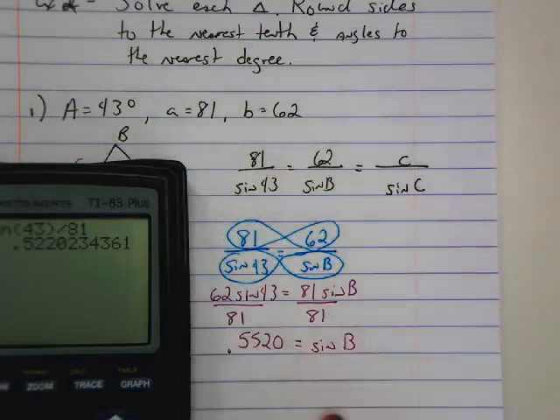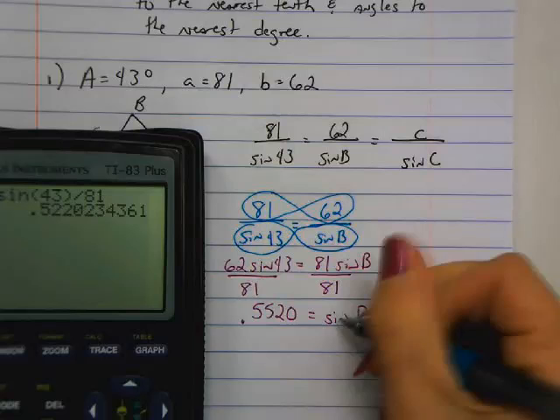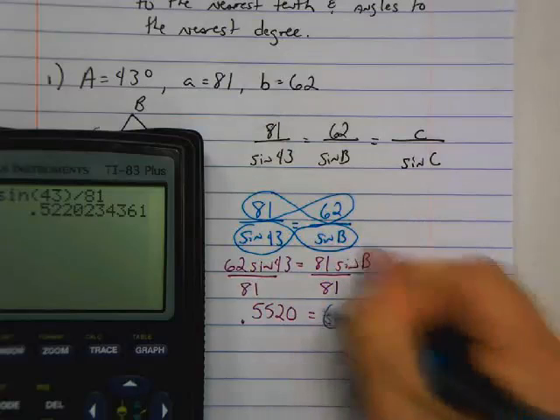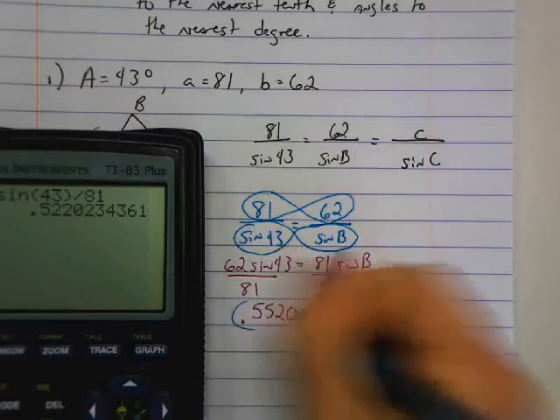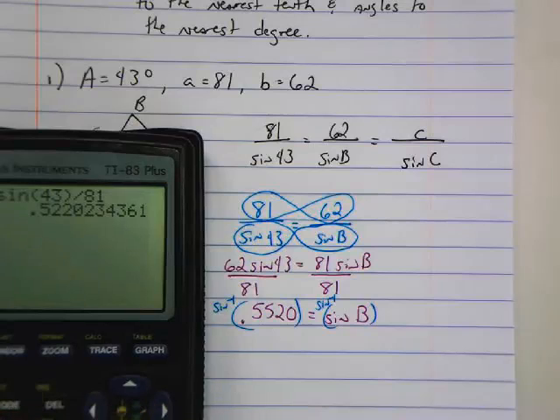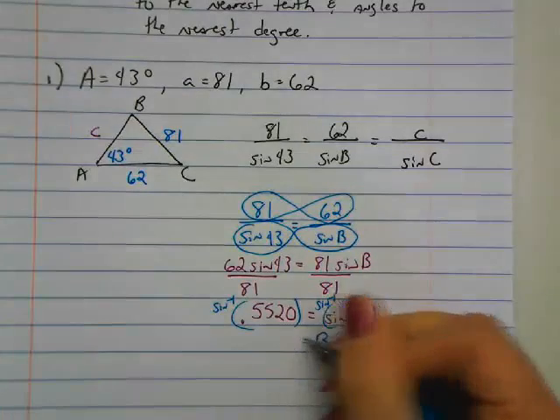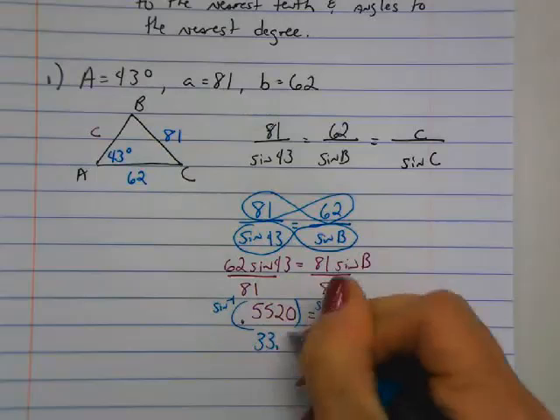Now, how do you get B? If you're looking for an angle, do you remember taking the inverse sine of both sides? So I'm going to take the inverse sine of 0.5520, and I find out that angle B could be 33.5 degrees.